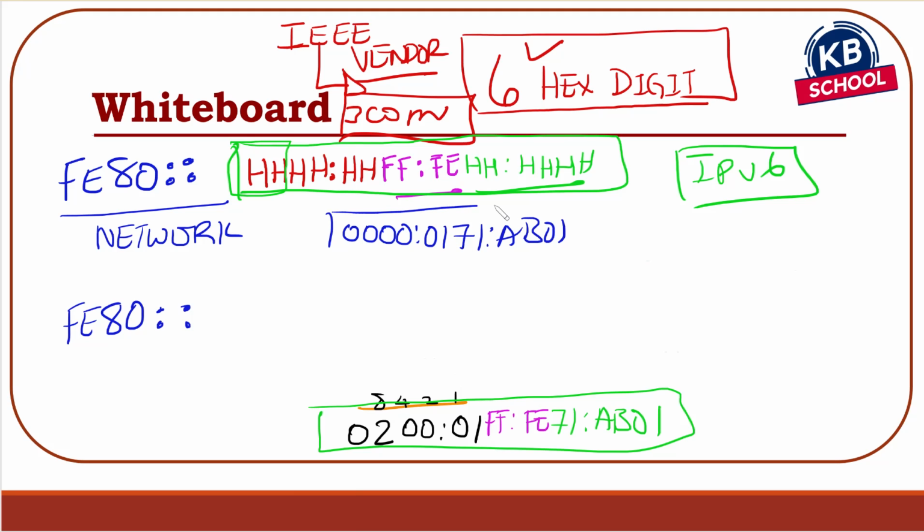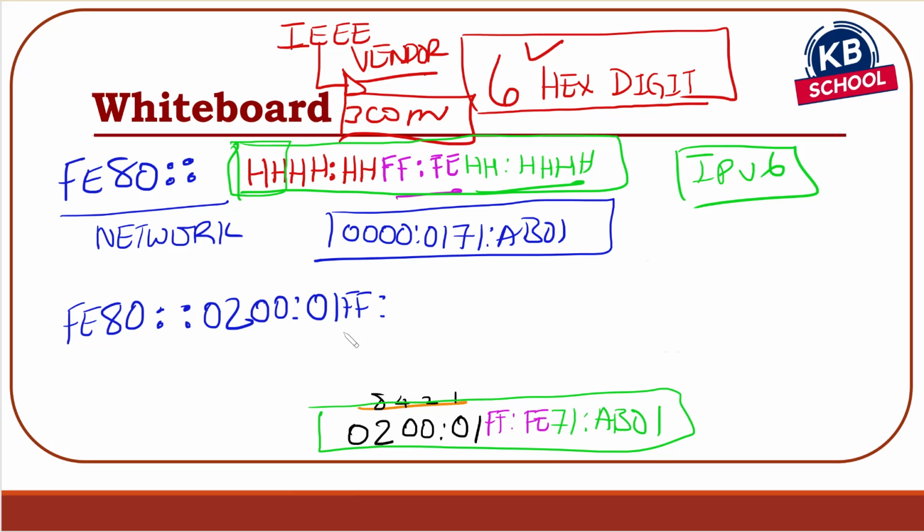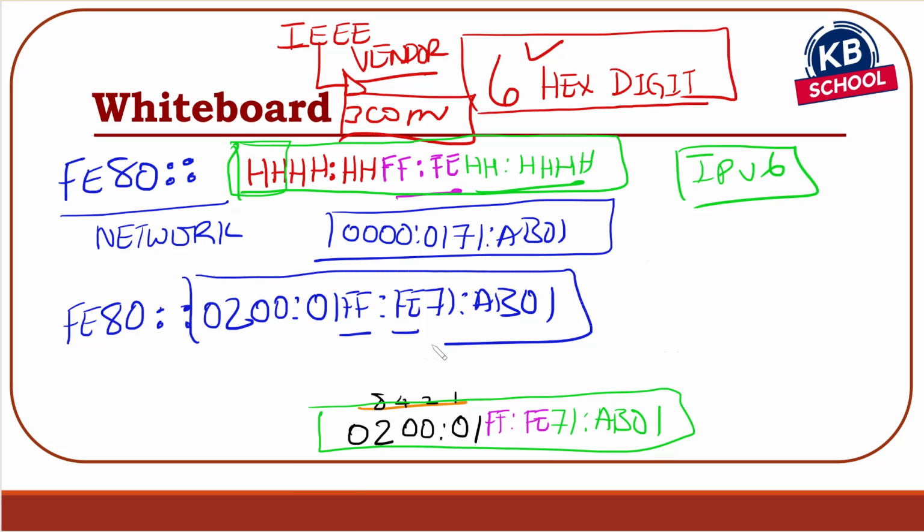This is the 12 hex digit MAC address, and I want it to be incorporated as my host address. So this becomes 02 00 colon 01, and then the filler FF FE, and then the remaining 71 colon AB01. This is your host portion. So every device will be assigned an address based on this format.